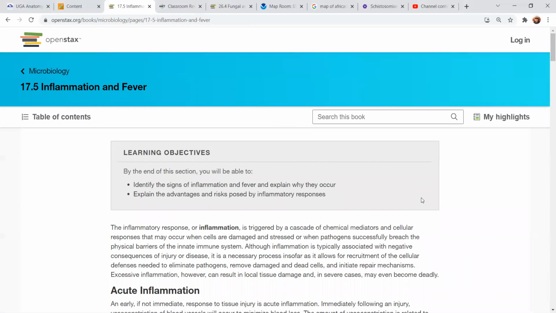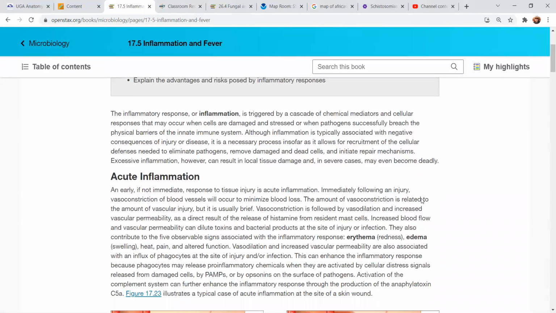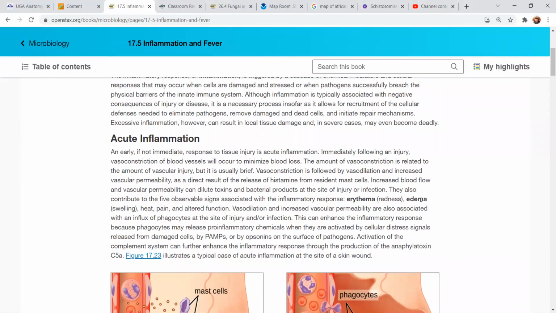Now getting into inflammation or the inflammatory response, of course, triggered by that cascade that we've been discussing here. Inflammation a lot of times gets a bad rap, but it is a necessary process because it is basically a recruitment process for all of those different defenses that we need. Now, excessive inflammation, of course, is bad, but we do want some inflammation.